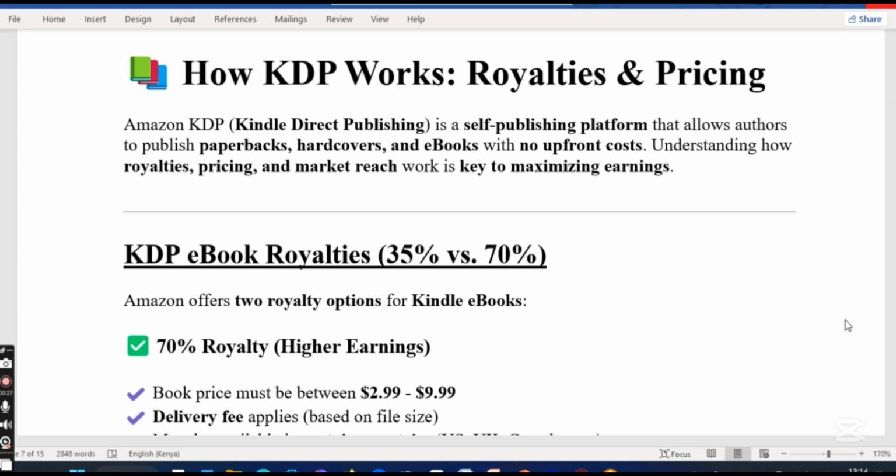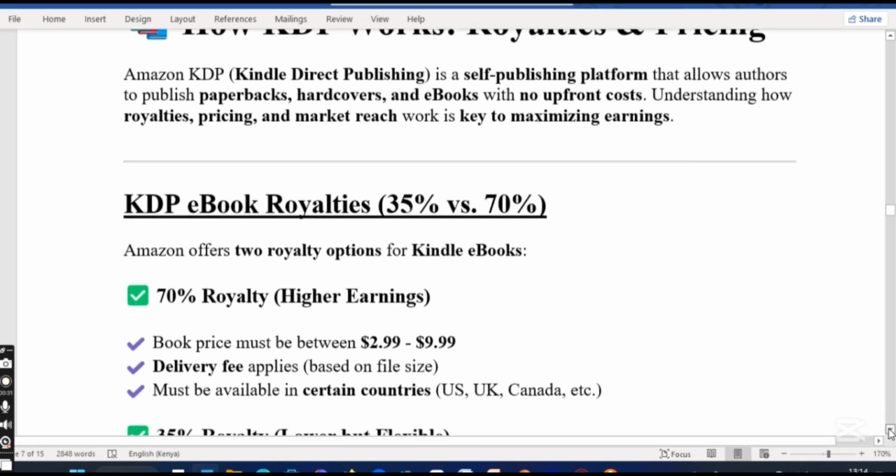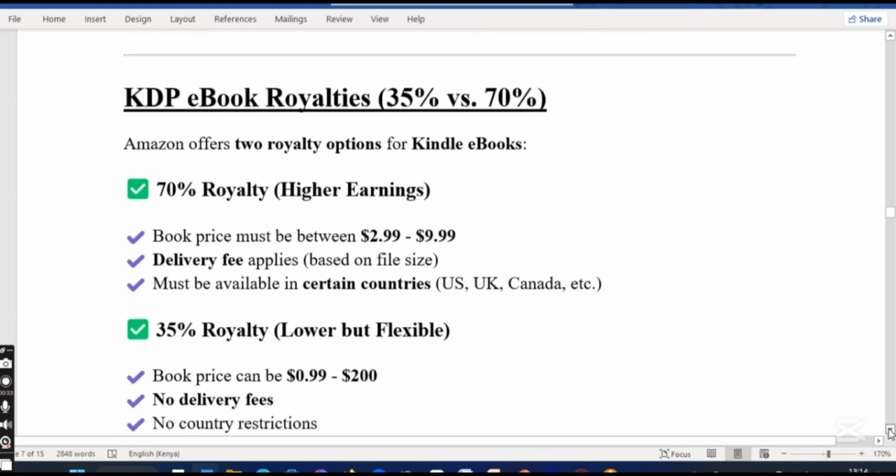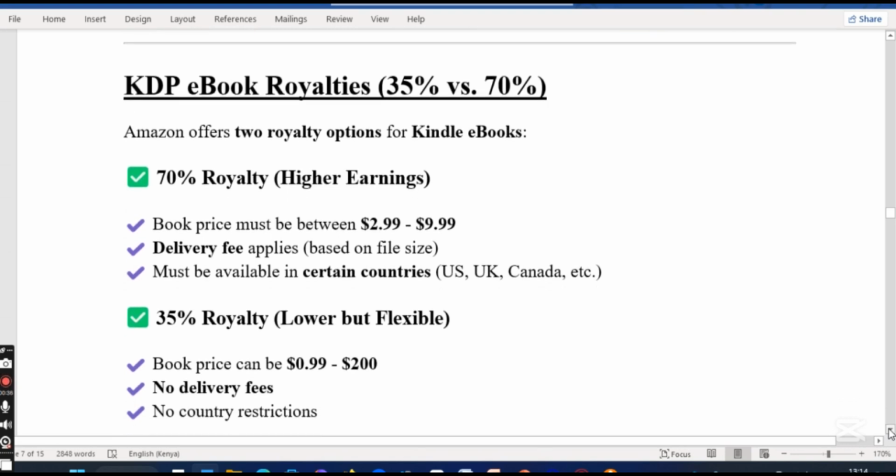So now let us start with the ebooks. The royalties of the ebooks are 35% and 70%. So when we are talking of the 70%, the book price must be between $2.99 and $9.99 and must be available in certain countries like US, UK, Canada.